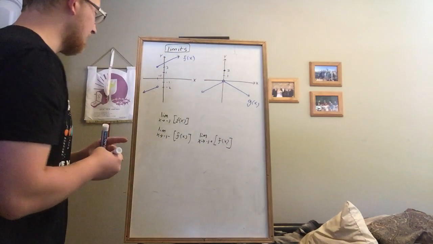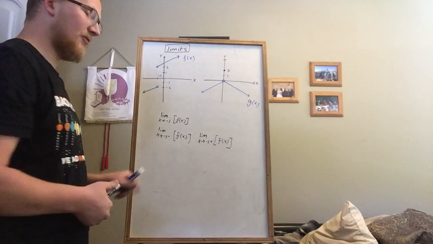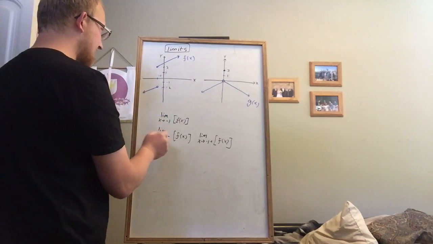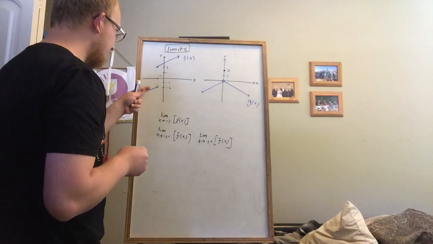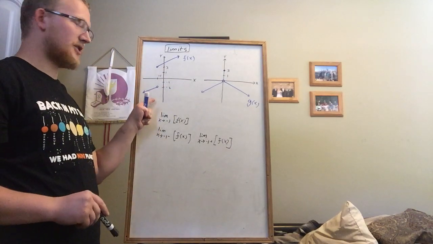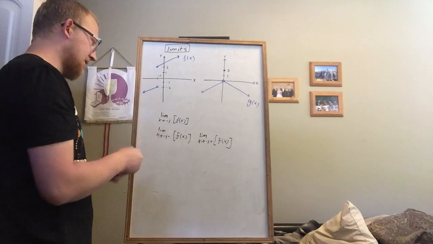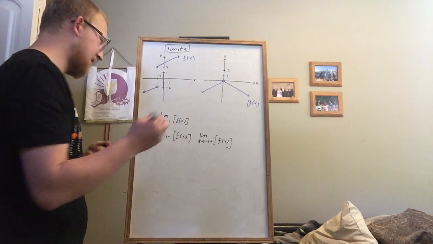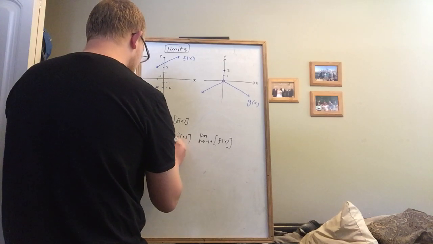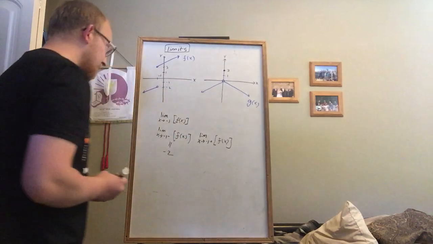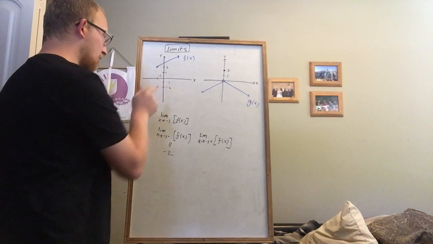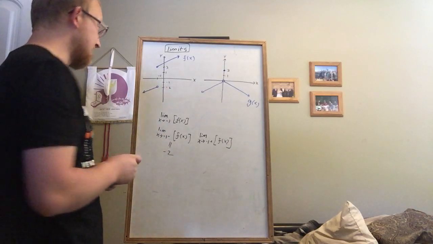Now let's figure out the limit as we approach negative 1 from the left. You'll notice that as we approach negative 1 from the left, y seems to get closer and closer to minus 2. So we're going to go ahead and say that this limit equals minus 2, because as we approach negative 1 from the left, we approach y equals minus 2.